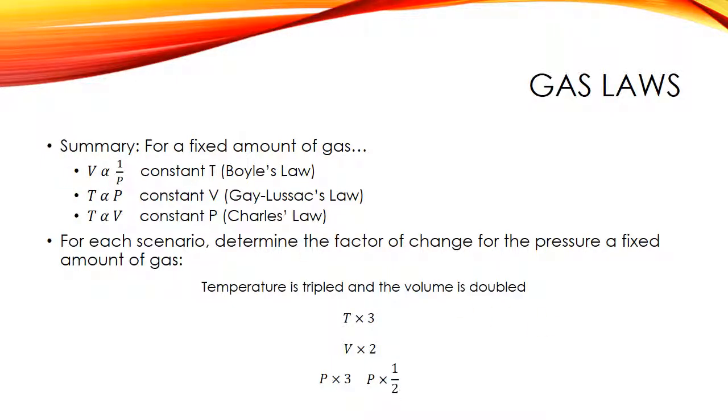The factor of change would be 1/2. So each individually we know, but we actually do both of these at the same time. We triple the temperature and we double the volume, so the factor of change for the pressure will just be the product of these two. It would be the product of 3 and 1/2, so 3 times 1/2 is 3/2. So the pressure is going to be 1.5 times larger than what it was to start with.